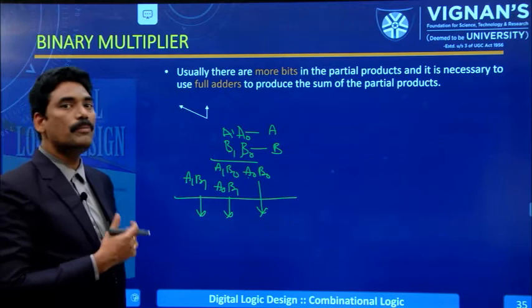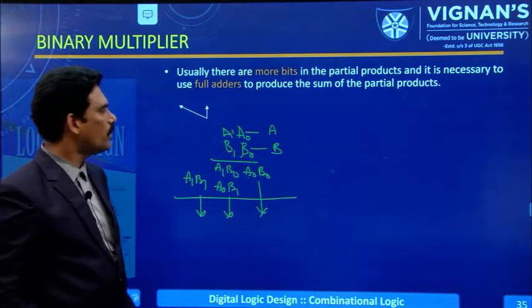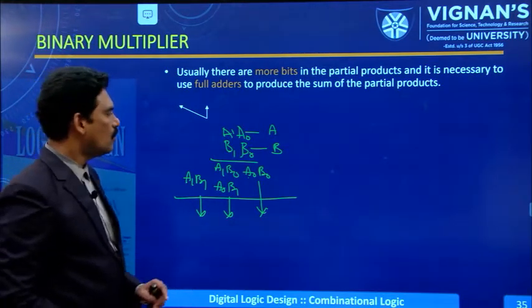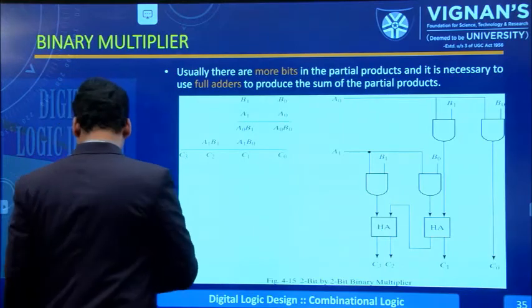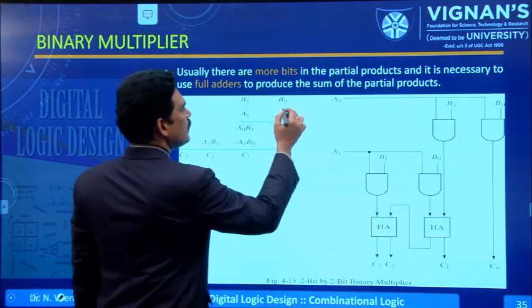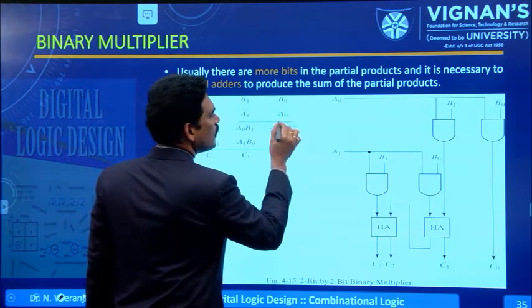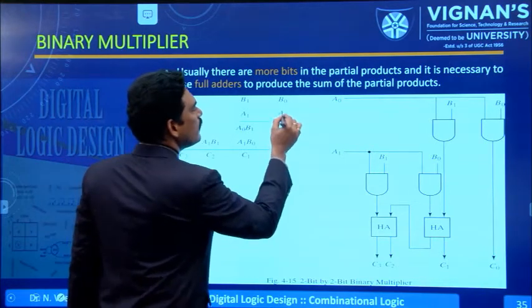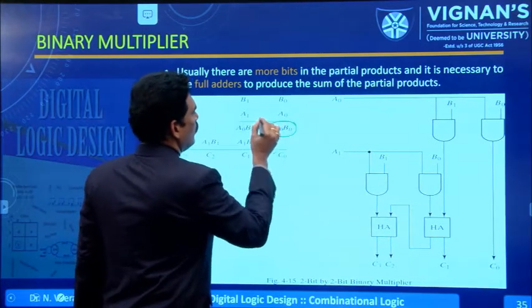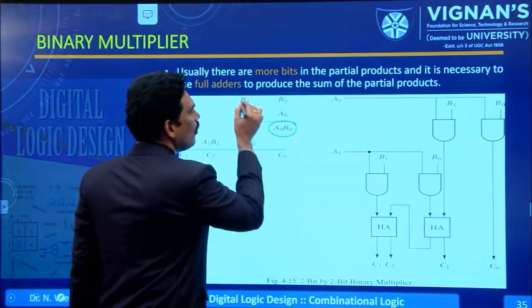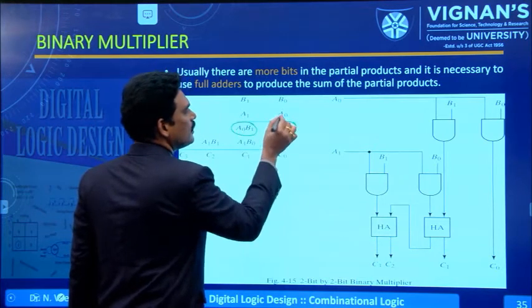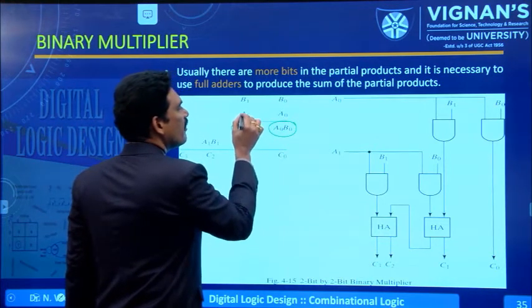Now, we are going to implement the circuit for this. Here, this is A0 B0, and we have A0 B1, and this is A1 B0.